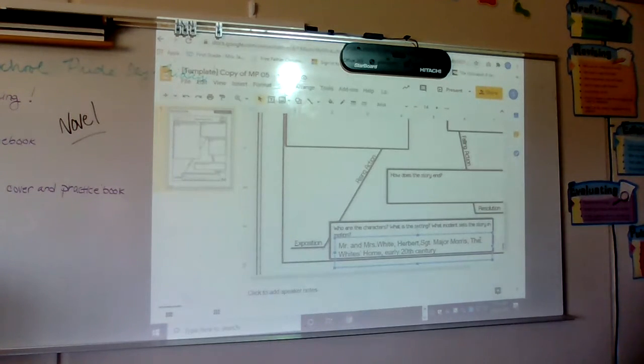So what then is the basic situation? Because the exposition includes the basic situation, kind of the background. So what's the basic situation?